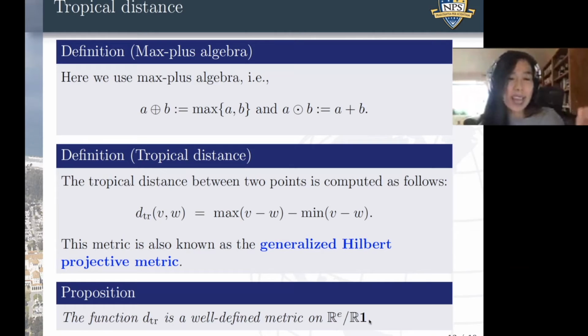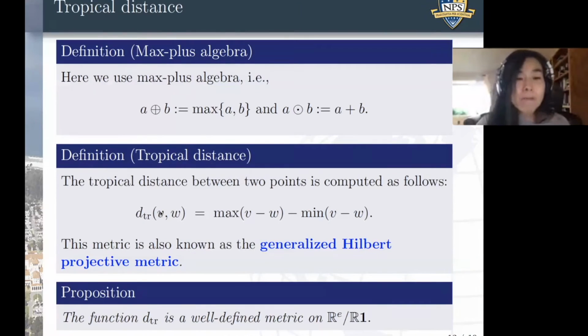The reason is that if I don't mod this out, then it's no longer a metric. Remember, in order to be a metric, you have to have that this metric equals 0 if and only if v equals w. But if I don't take the mod, that's no longer true.